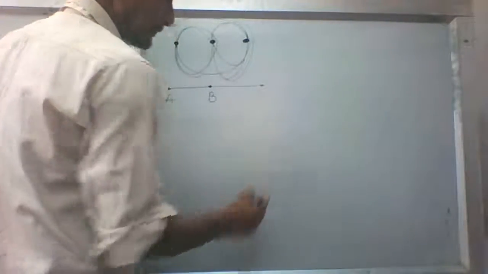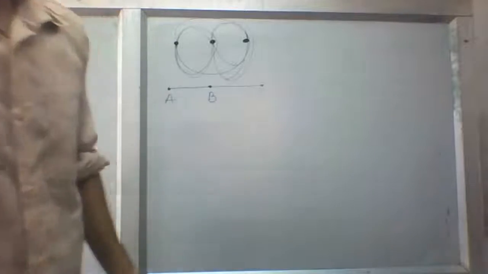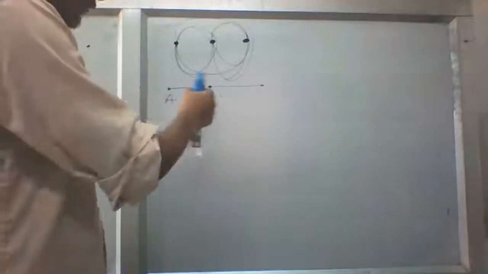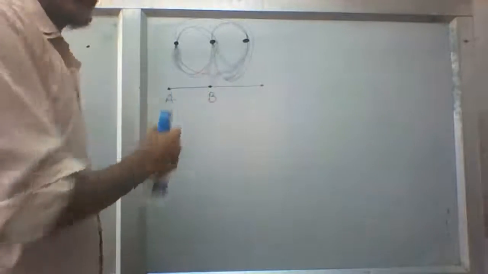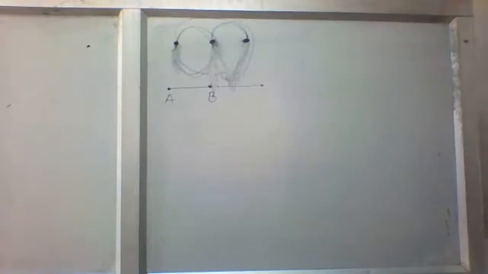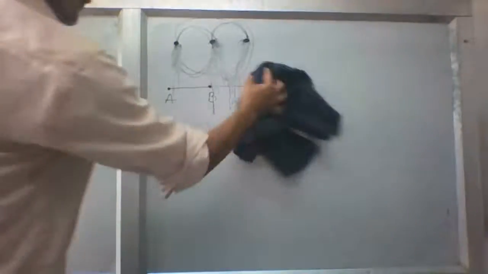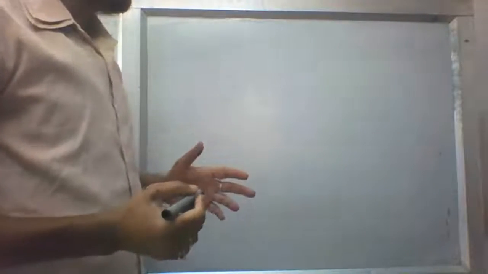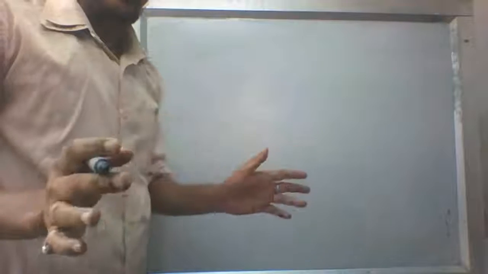If this is a non-collinear point, these are collinear points, so you cannot draw any circle including all 3 points together. So you have to take three different points, but they should not be collinear.